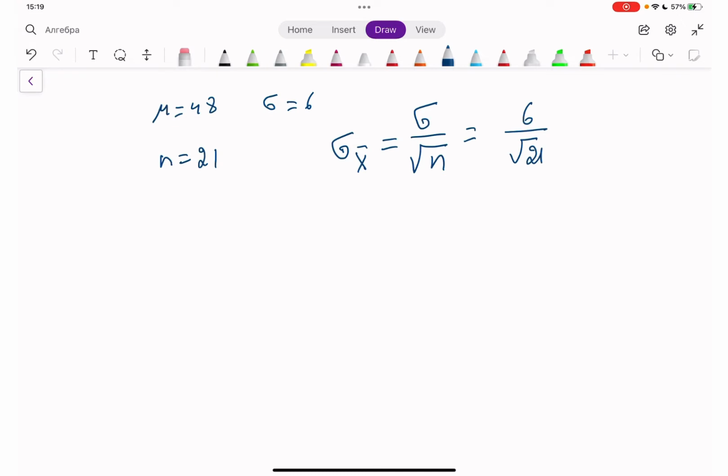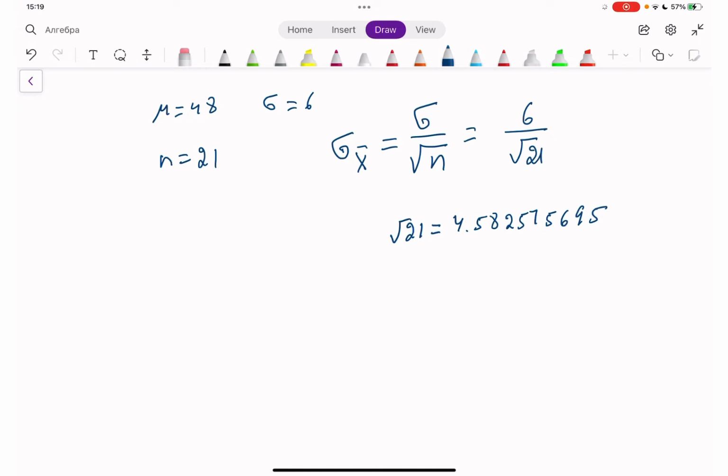Square root of 21 is 4.58257569. Enough, rounding. It's not a big deal.